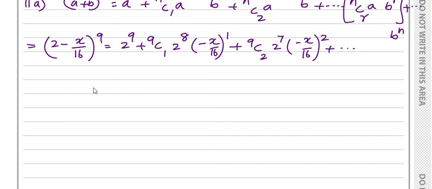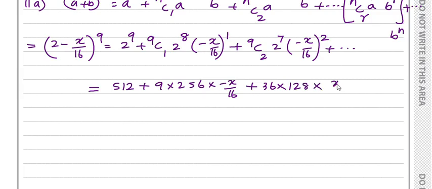Putting into the calculator, I get the first term as 512, plus 9 times 256 times minus x over 16, plus 9C2 is 36, times 128, times x squared over 256, plus dot dot dot.